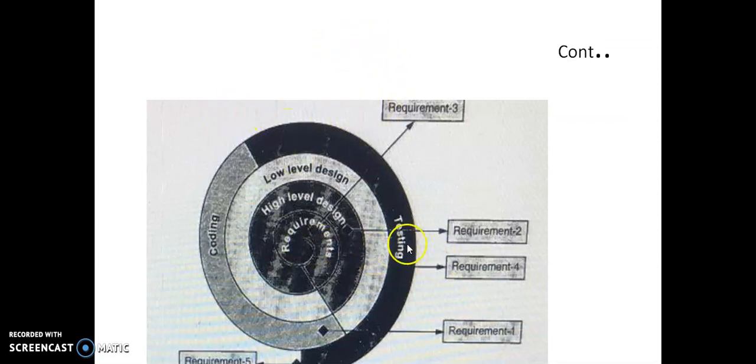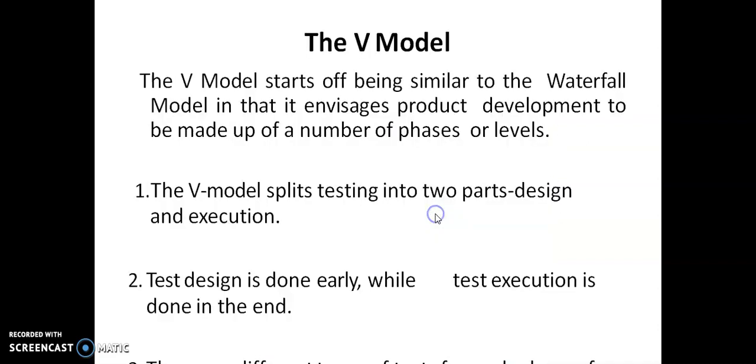The requirements are listed here. This is the first phase. During every cycle in a spiral, we get one iteration, and from every iteration we get a new release, a new version of the software which we are developing. So in all the phases we can see the requirements.